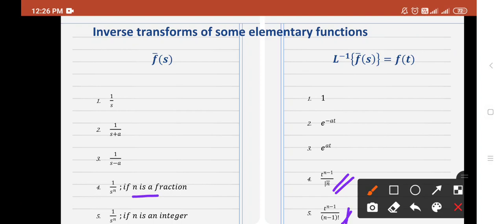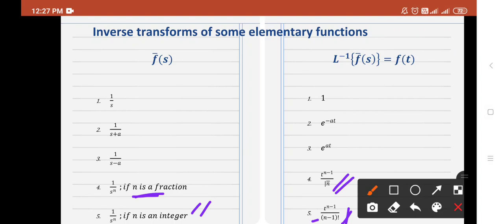If n is a fraction, the denominator in the inverse Laplace transform result is the gamma function of n, and if it is an integer, then the denominator is a factorial of n minus 1, and hence it is written as n minus 1 bracket factorial.